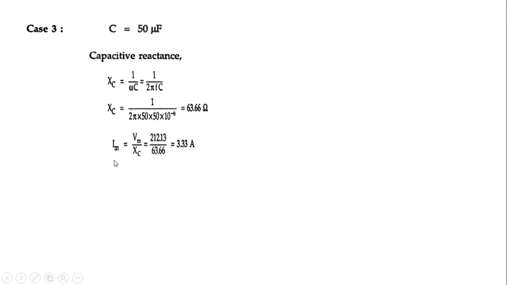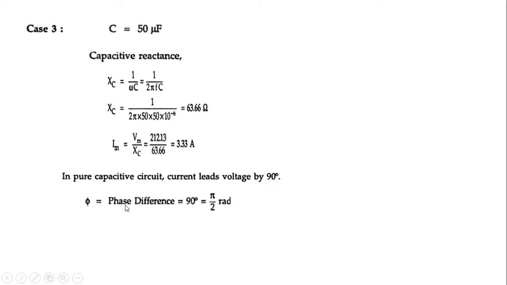From this we can get the value of Im. It is a ratio between Vm and Xc. Value of Vm is 212.13 already we calculated, and the value of Xc is 63.66. Apply all these values. That gives value of Im, that is equal to 3.33 amps. In pure capacitive circuit, current leads voltage by 90 degree. So the phase difference is plus 90 degree, in radians plus pi by 2.